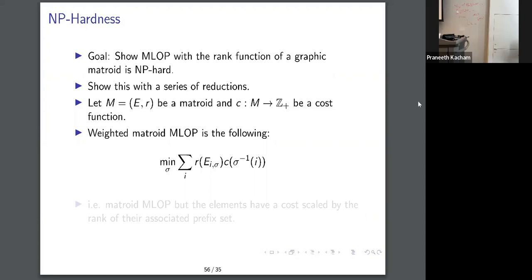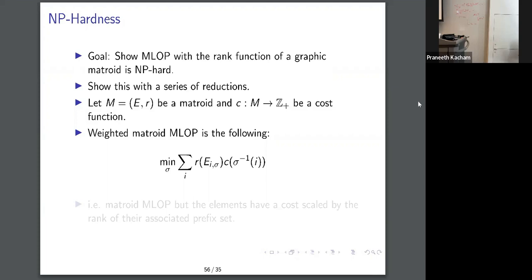So intuitively, we have a function that is monotonically increasing, and its value summed over all prefixes is going to be minimized. So it is better to prevent an increase and make it look like this rather than this.